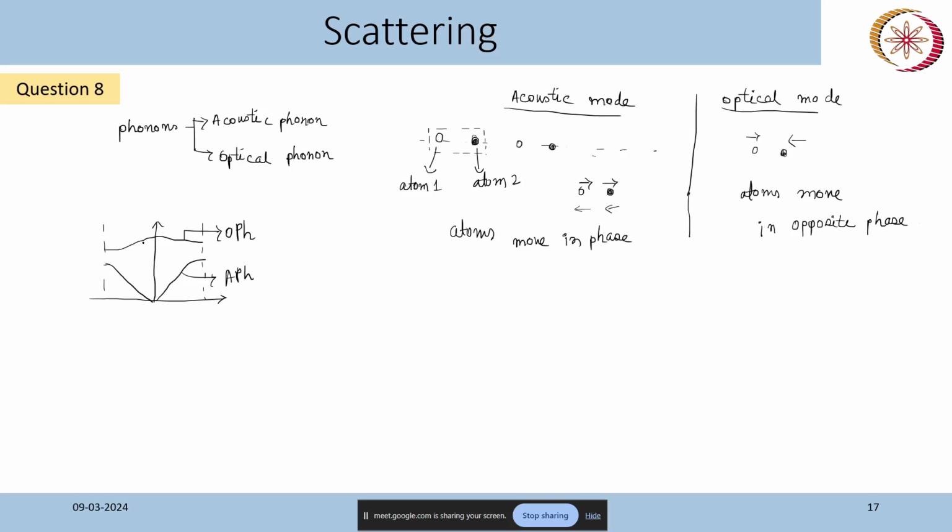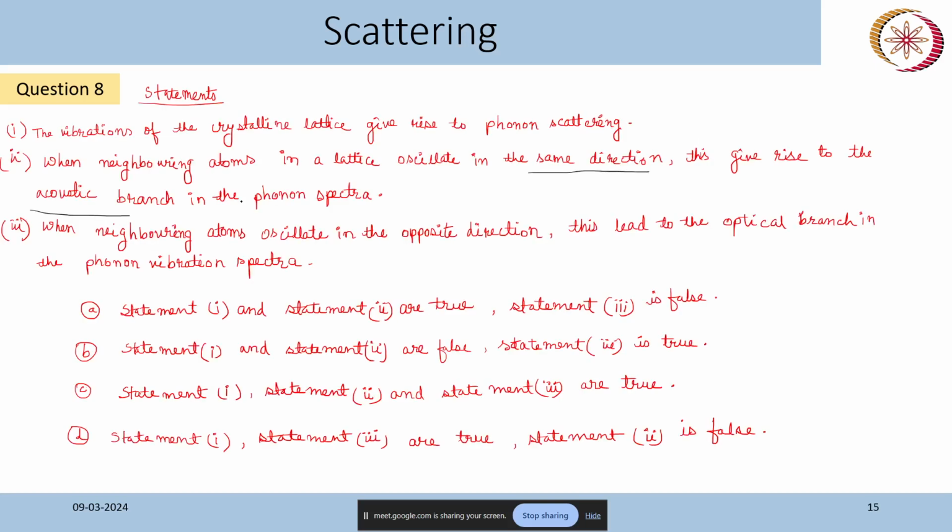So what was the question? When neighboring atoms in a lattice oscillate in the same direction, this gives rise to the acoustic branch. The same direction means in phase, which gives rise to the acoustic branch of phonon in the phonon spectrum. When neighboring atoms oscillate in the opposite direction, meaning out of phase, this leads to the optical branch of phonon. So these two statements are also correct. All three statements are correct.